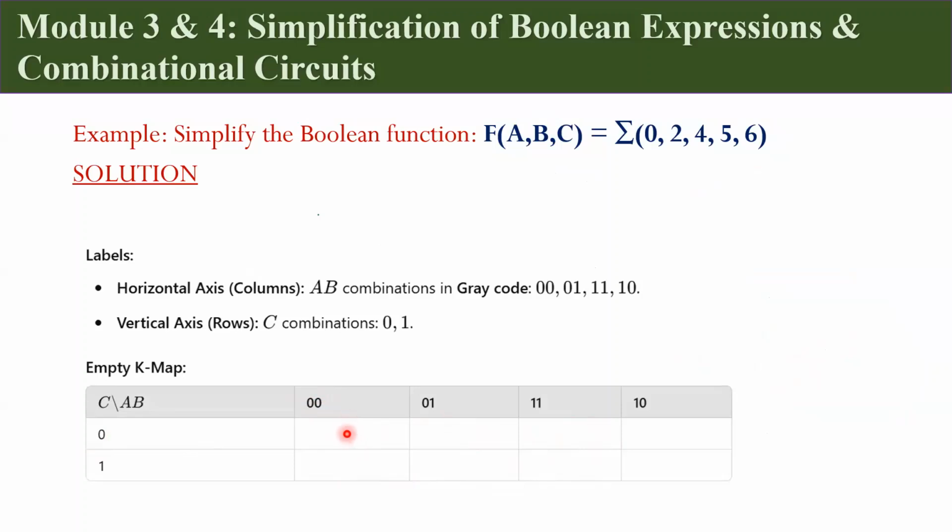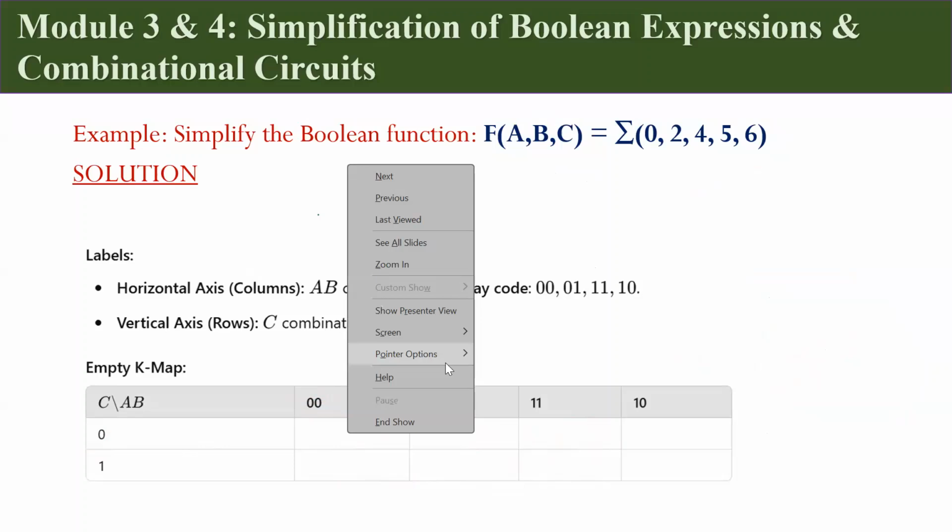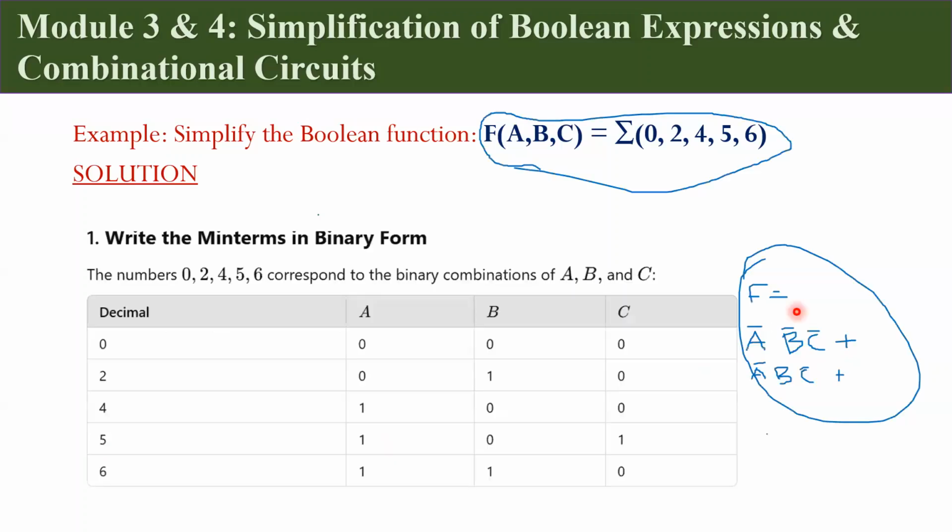Okay? And let's look at the next one. So the next one is A bar B, then C bar. It's just like saying you have 0, 1, 0. Look at the number here too. 0, 1, 0.